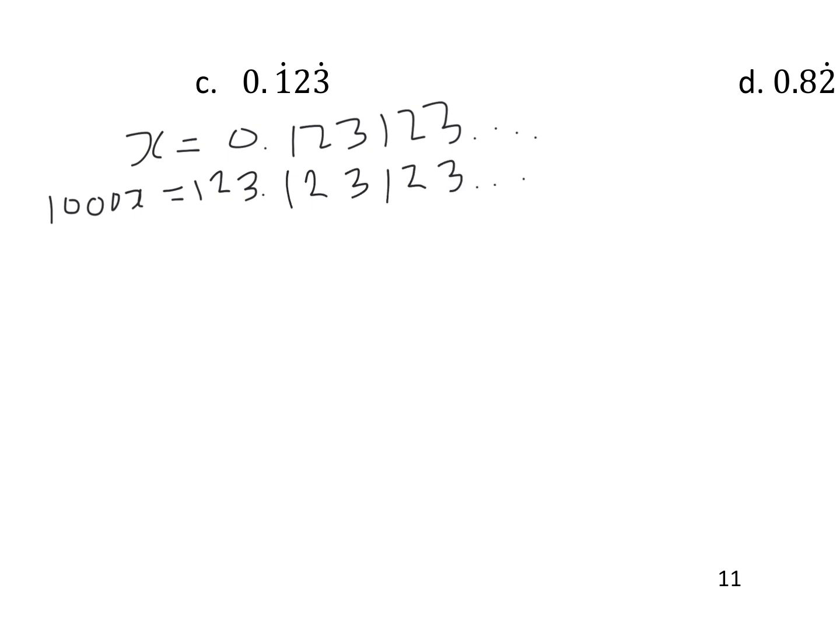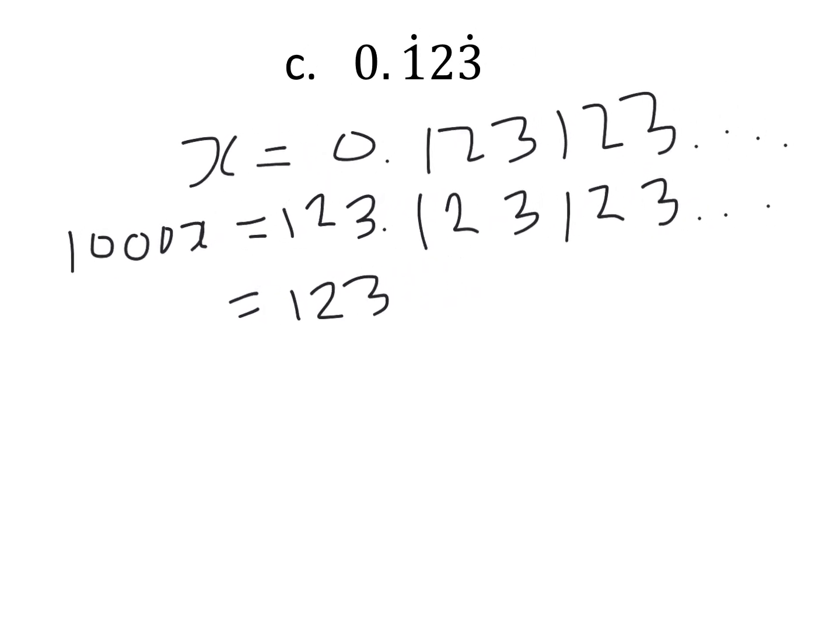And you can see there that if you take the top line from the bottom line, you would just be left with 123. On the left hand side, 1000x take away 1x is 999x. Divide by the number of x's and you get 123 divided by 999.